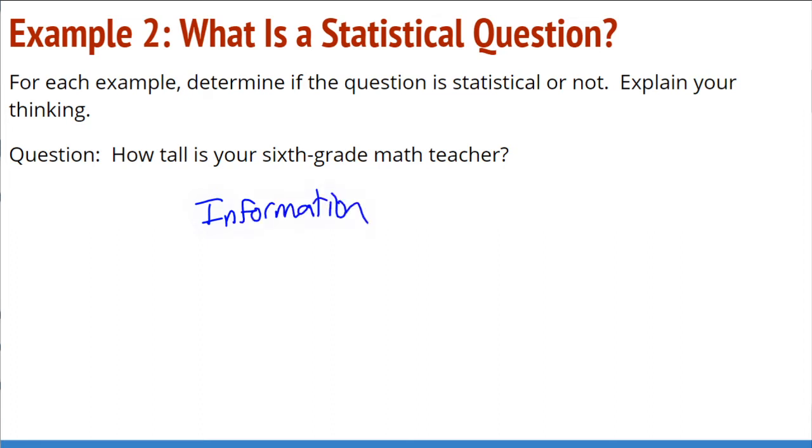Probably going to be getting out some type of measuring tool and actually counting a number of units to represent the height of the 6th grade math teacher. So definitely going to collect some information. Is there going to be some variability? And the answer to that is no. The height of your 6th grade math teacher is not going to vary.